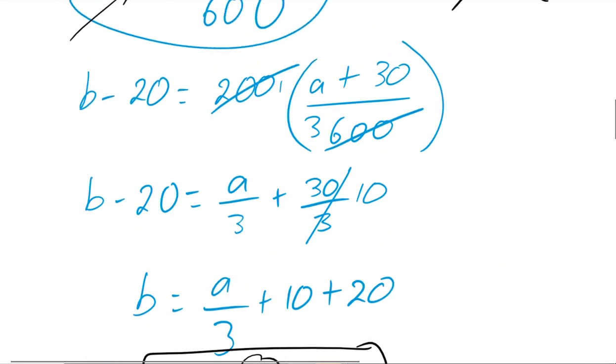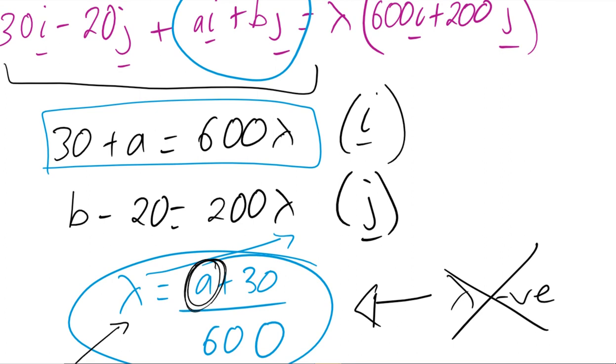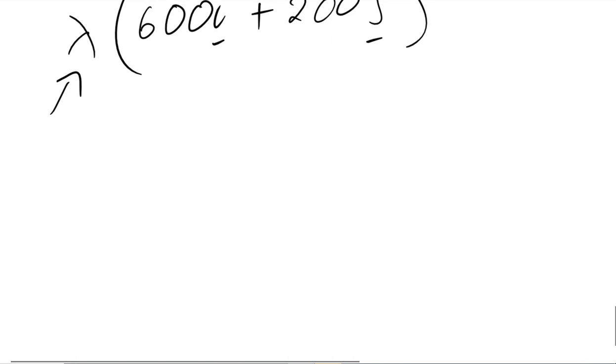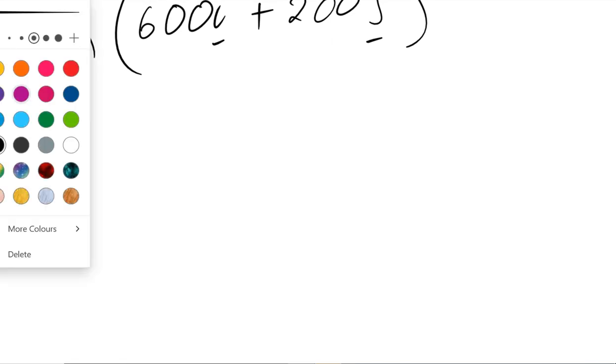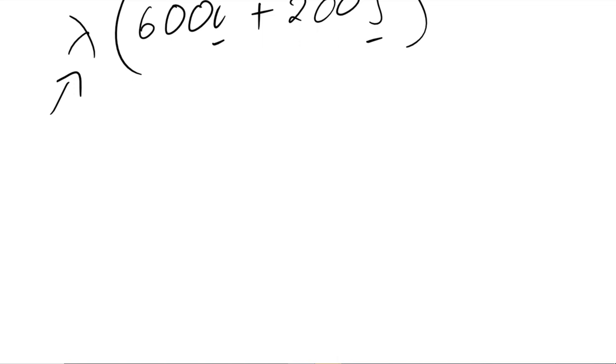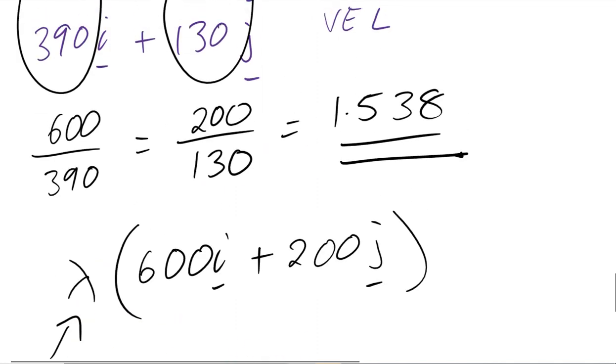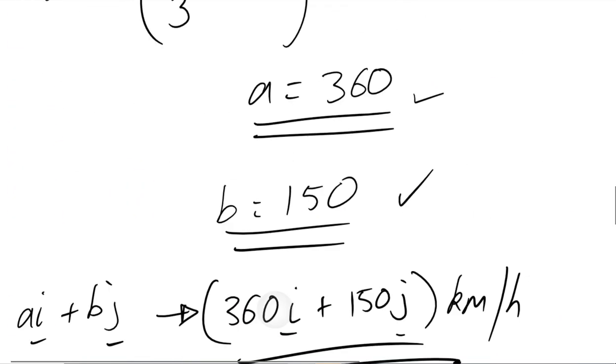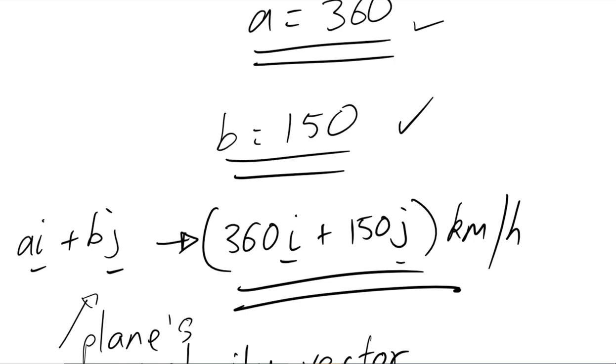If you go back to any one of these equations here, for example, this one, you know what A is now, so if you substitute A into there. Using that equation that I circled just then, 30 plus A equals 600 lambda from my resultant velocity vector. I know what A is now, 360.